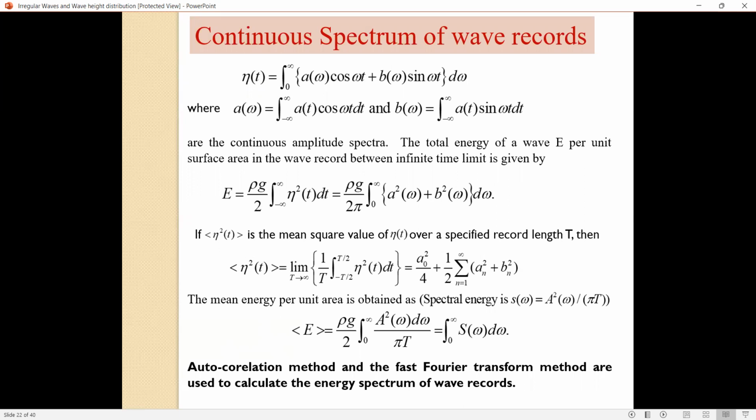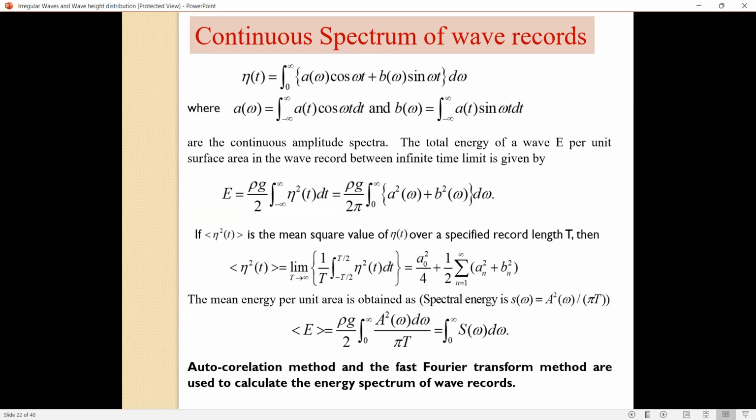This can be written in terms of square amplitude, a square p square. This was given in terms of amplitude and frequencies, and then I also brought in the term E equal to S omega d omega, where S omega is my spectral energy. So, from the discrete spectrum, I started with discrete spectral amplitude and spectral energy.